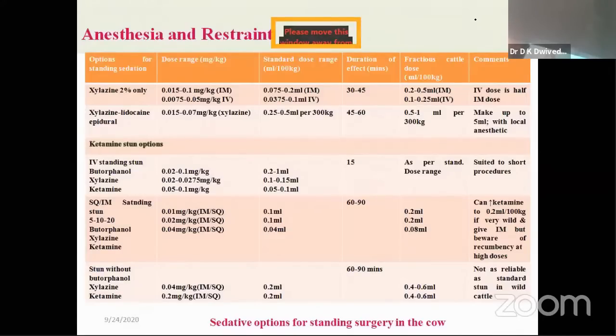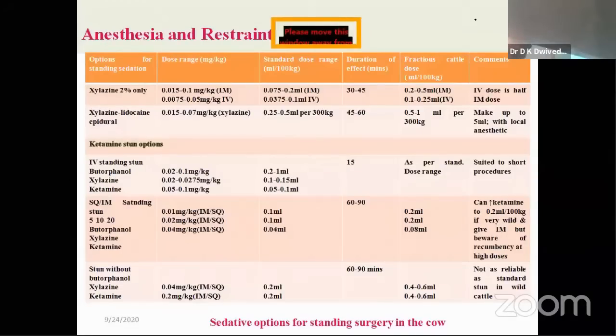Sometimes you may also go for xylazine or lidocaine epidural analgesia. In this condition, you may use xylazine at a dose rate of 0.25 to 0.5 ml per 300 kg body weight, make up a 5 ml solution with the local anesthetic solution, and inject it in the epidural space.